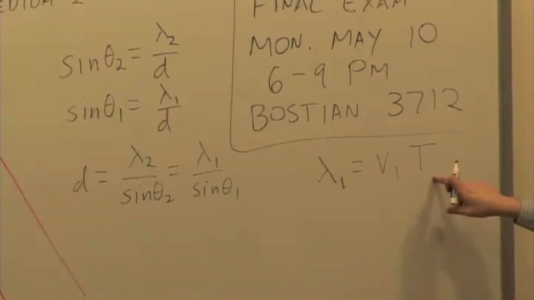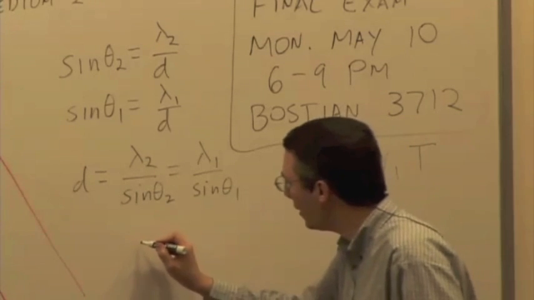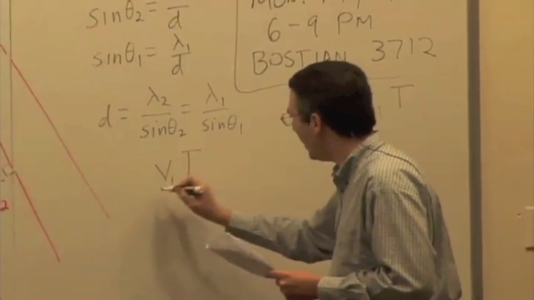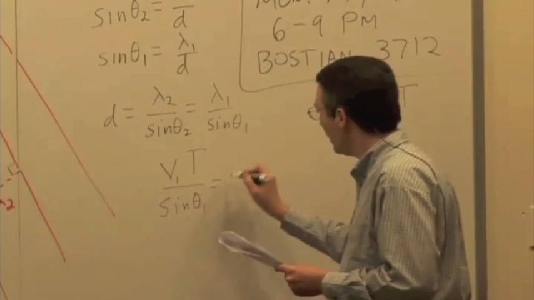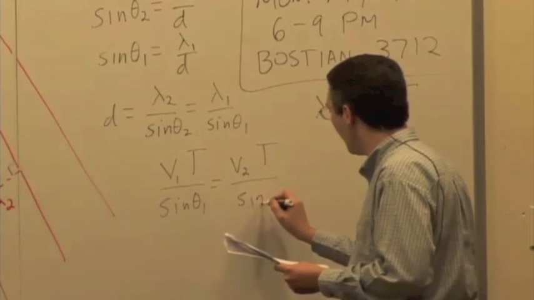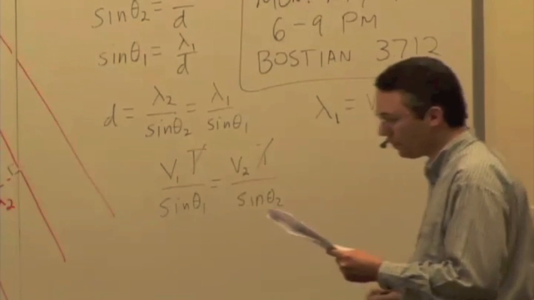And the period and the frequency are the same for both materials. So I can say that v1 t over sine theta 1 is v2 t over sine of theta 2, and the t's cancel out.